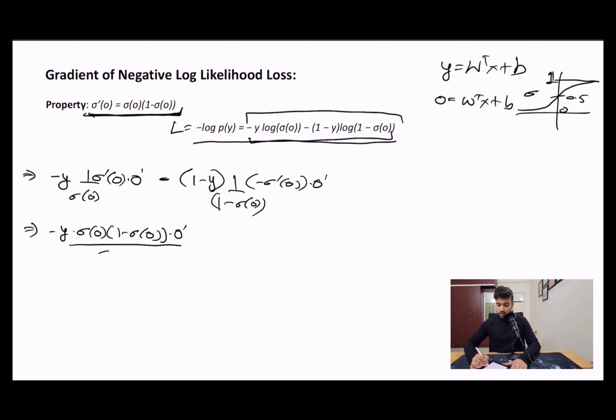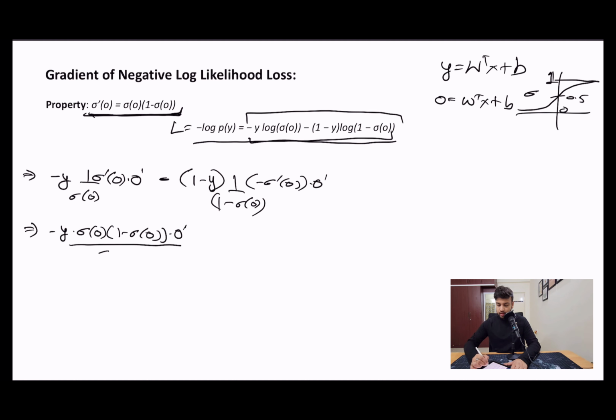Now here O dash is common, so you can take everything out, so it becomes minus y times 1 minus sigmoid of O plus 1 minus y times sigmoid of O, complete O dash, right? Now expanding this equation further, this will become minus y plus y times sigmoid of O plus sigmoid of O minus y times sigmoid of O.